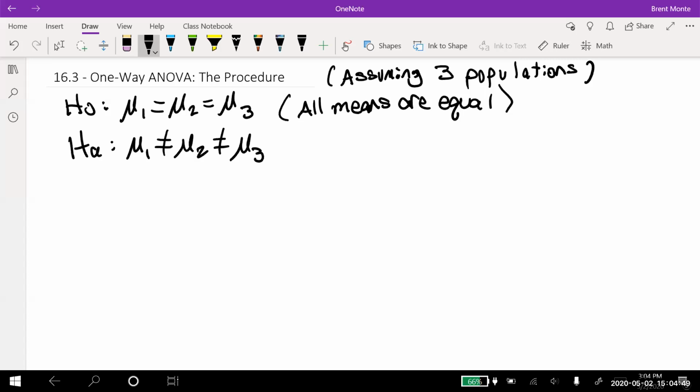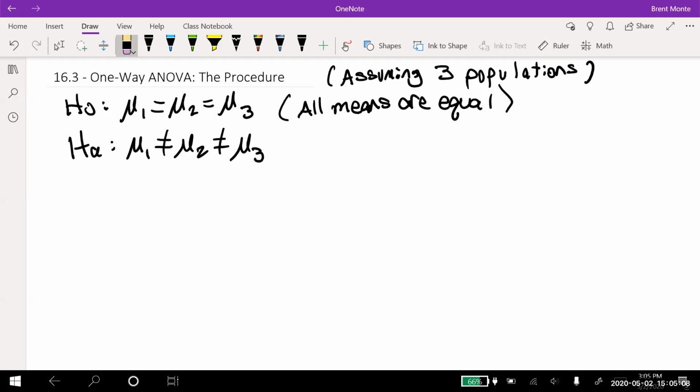So we may have 7 means that we were saying are equal. 6 of them might be the same, but one of the 7 is different. Well, the way that alternative hypothesis is written, it says none of the means can be equal. That's not what we're trying to say.